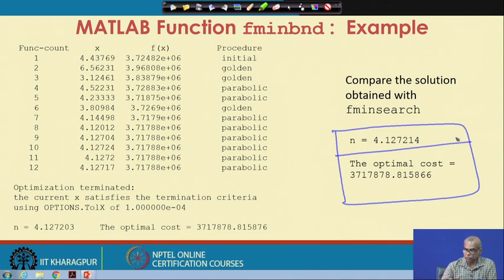N equal to 4.127214 was the result that we obtained with fminsearch, and here we get 4.127203. So, up to 4 places after decimal, the results are same for the value of n. Same thing for the value of the optimal cost.